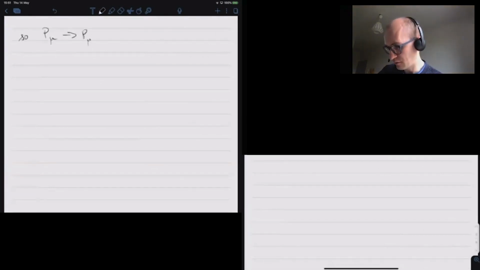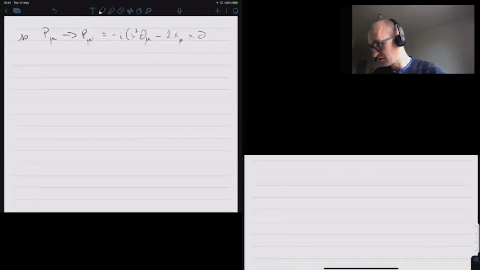So p mu goes to p mu primed, which is equal to minus i d mu prime, so minus i times x squared d mu minus 2 x mu x dot d, which is actually somebody we know very well.